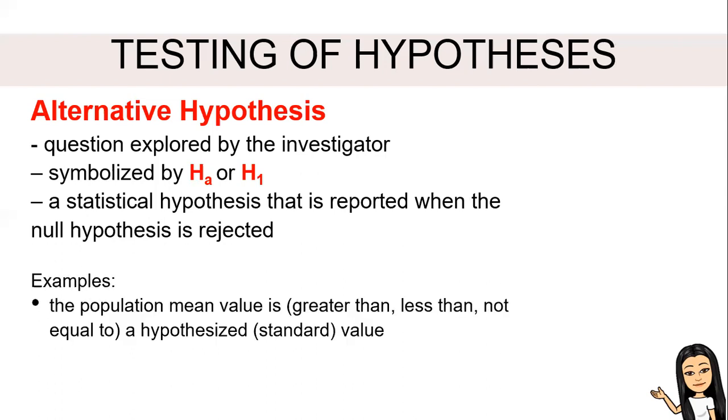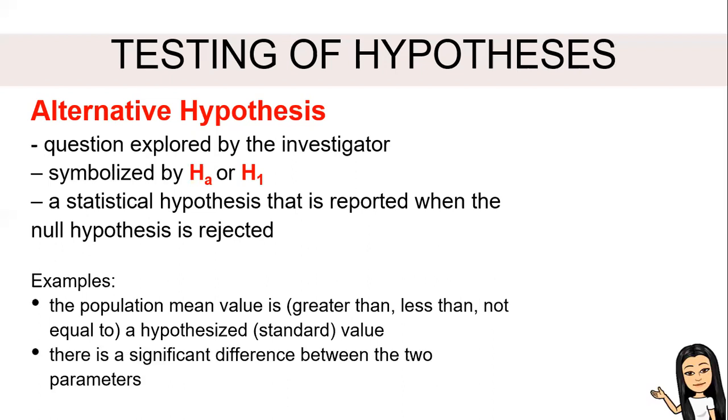Examples: the population mean value is greater than, less than, or not equal to a certain hypothesized standard value. For example, a certain study claims that the mean height of students is 5'5". Your alternative hypothesis could be that the mean height of students is not 5'5", that there is a significant difference between the two parameters.